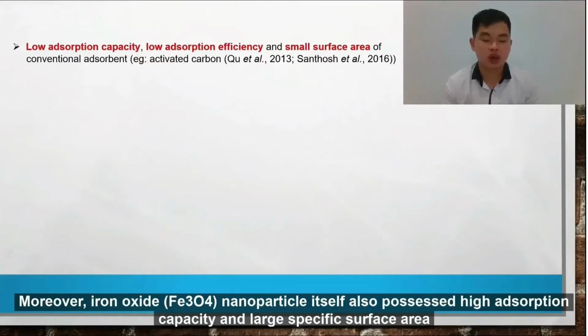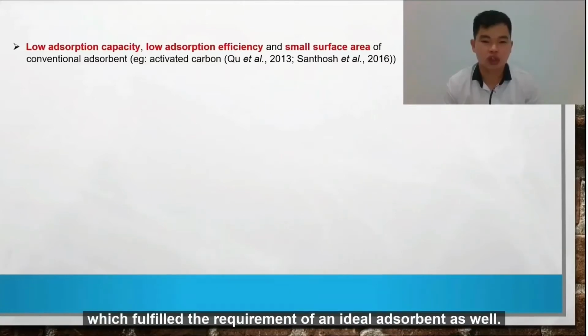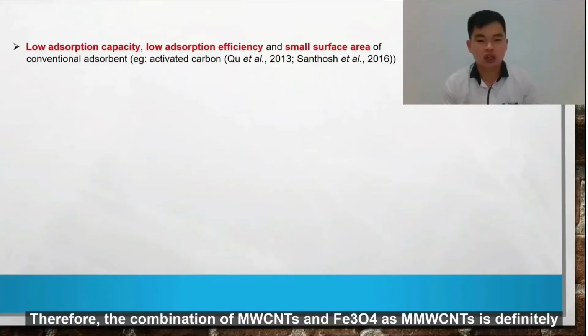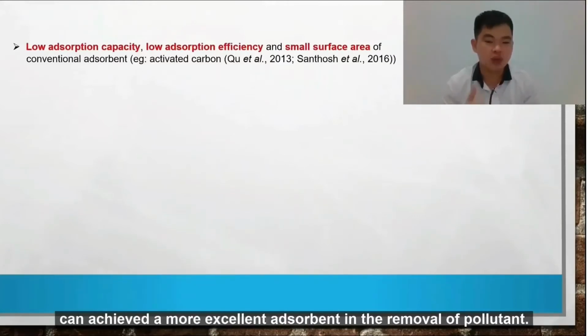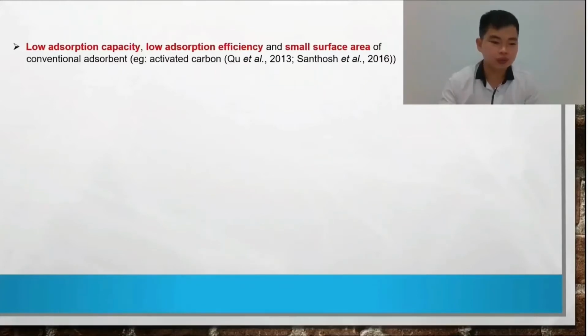Moreover, iron oxide nanoparticle itself also possesses high adsorption capacity and large specific surface area, which fulfill the requirements of an ideal adsorbent as well. Therefore, the combination of multi-wall carbon nanotube and iron oxide as magnetic multi-wall carbon nanotube can definitely achieve a more excellent adsorbent in the removal of pollutants.